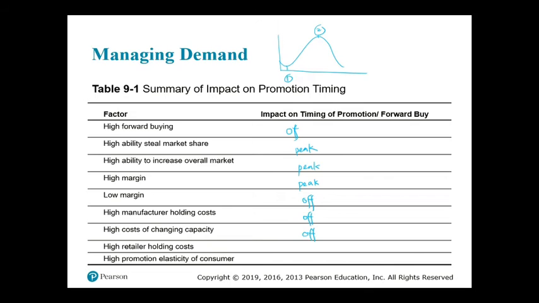So high retailer holding cost. If there's forward buying at the retailer, what does that do to the retailer's inventory?